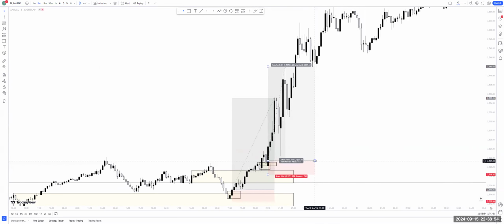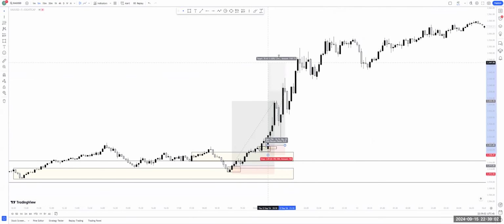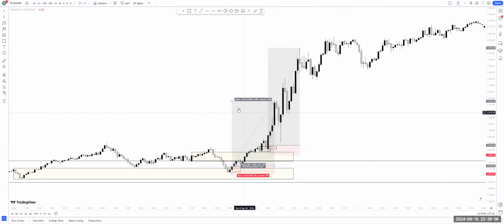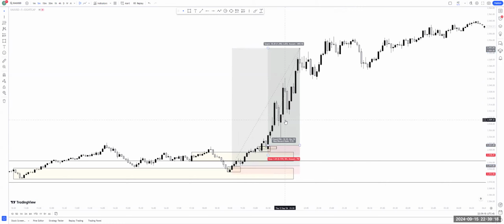Boom, 6.77 R. Or maybe if you want to hold it more, let's say somewhere around here, 9 R for the second trade, and for the first trade, it's 14.66 R. What is this? Right, 14.6, and the second one is 9, almost 10 R.